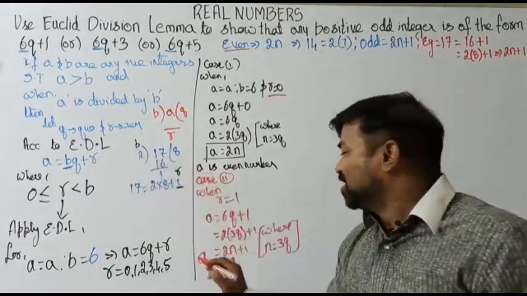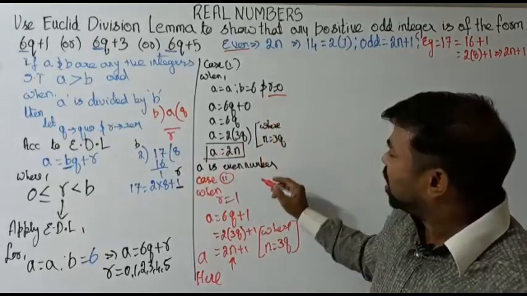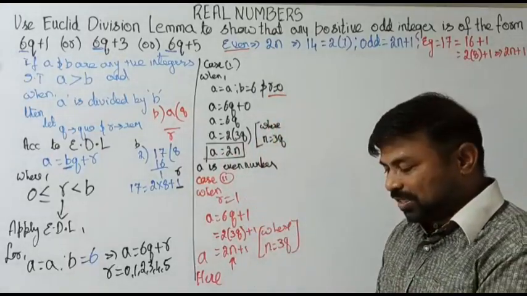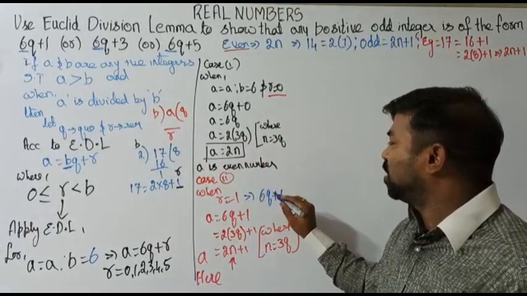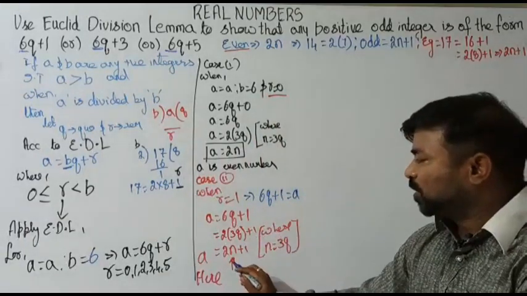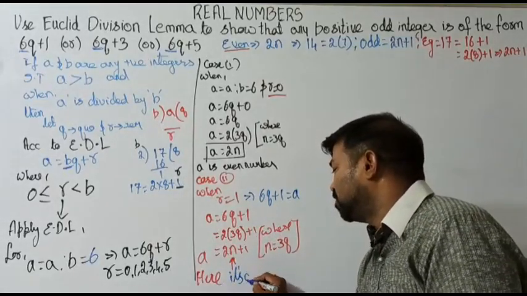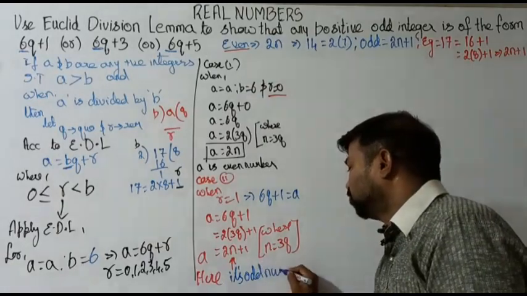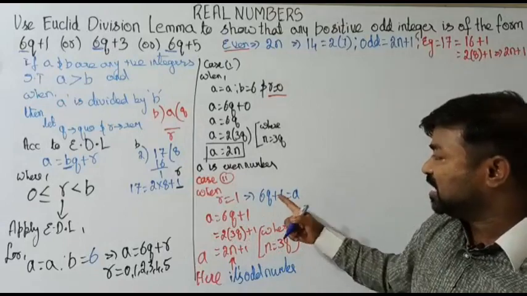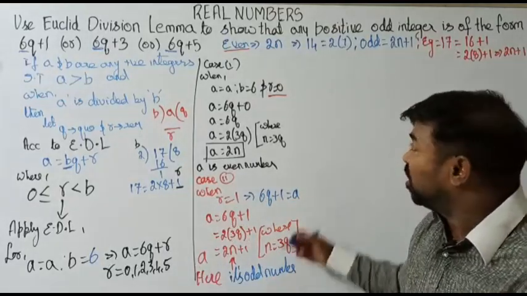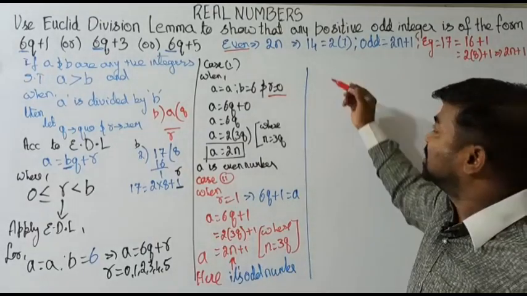So when we take r as 1, that is a is equal to 6q plus 1, we got it in the form of odd. When we take remainder as 1, when a is in the form of 6q plus 1, what we got is nothing but an odd number. Now let's go back for case 3.